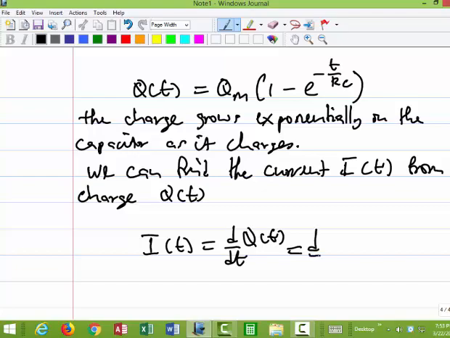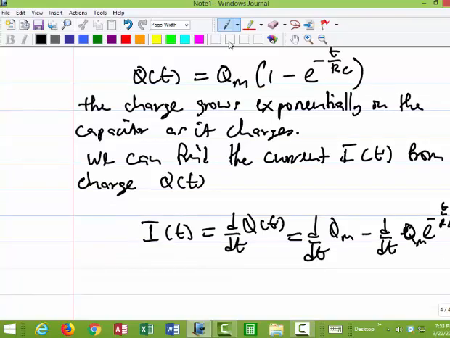So we're going to do d/dt of Qm minus d/dt of Qm times e raised to the power minus t over Rc, like that. So I of t can be written, this part goes away because the Qm is a maximum, so this derivative is 0.